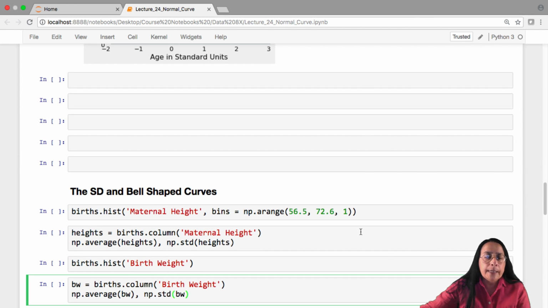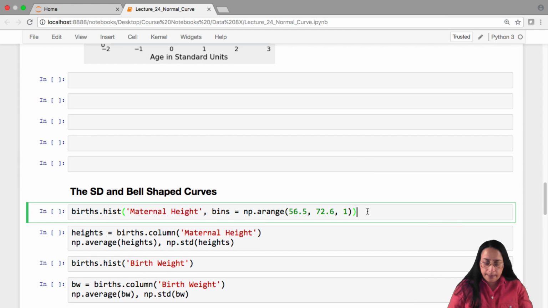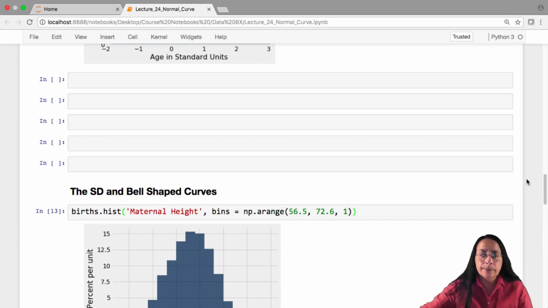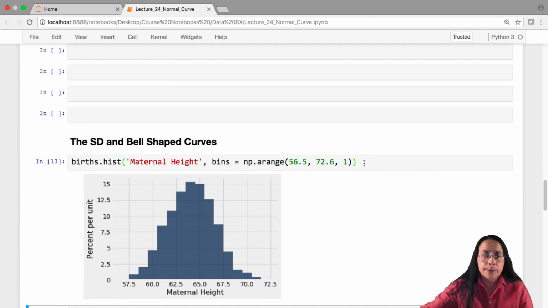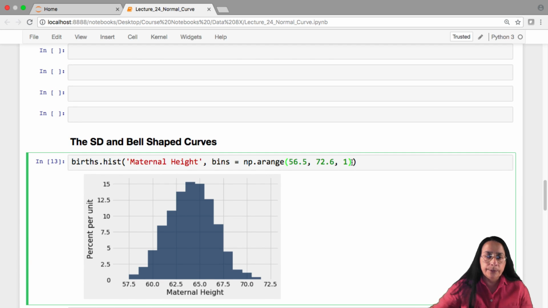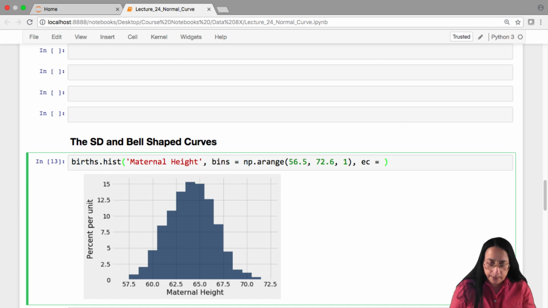If instead we had looked at the heights of the women instead of their ages, it's going to be a lot easier to study this histogram if we have some edge colors. Edge color equals white is my favorite option that I keep using.